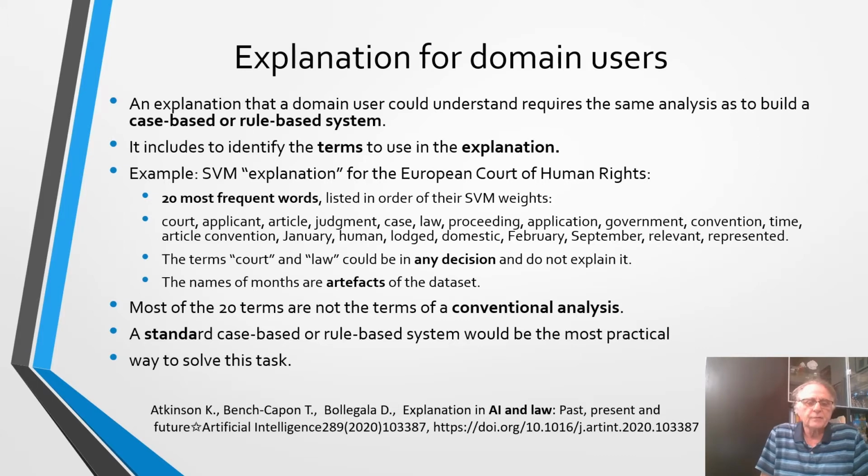These authors provide an example with so-called SVM explanations for the European Court of Human Rights, and that explanation contained the 20 most frequent words listed in the order of their weights obtained by the SVM algorithm. And you see a list of these terms.